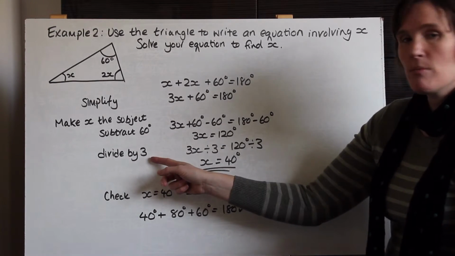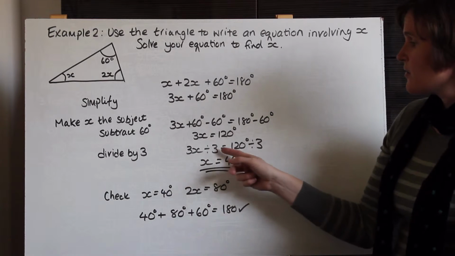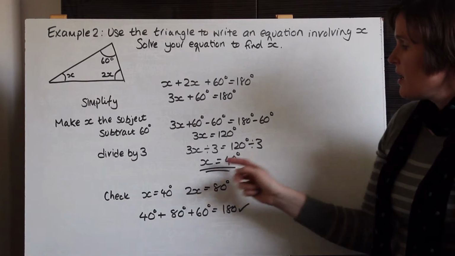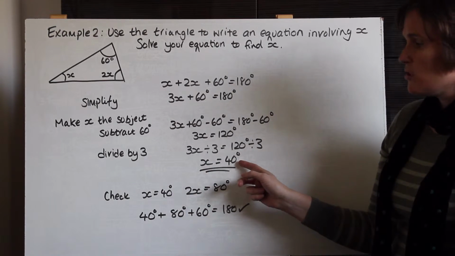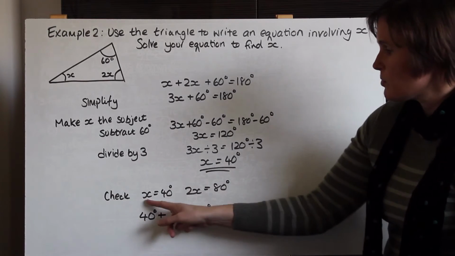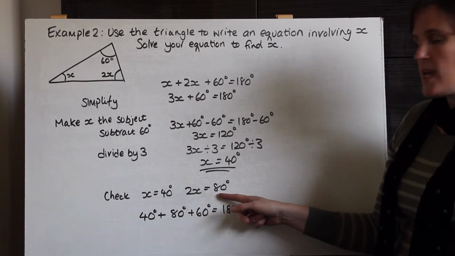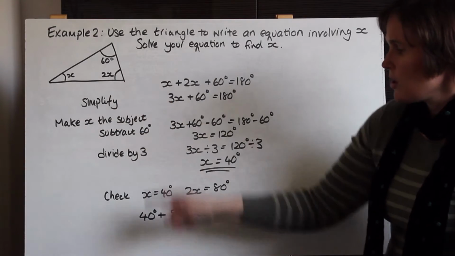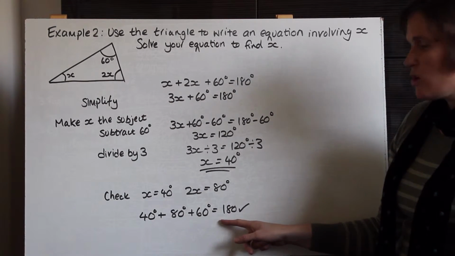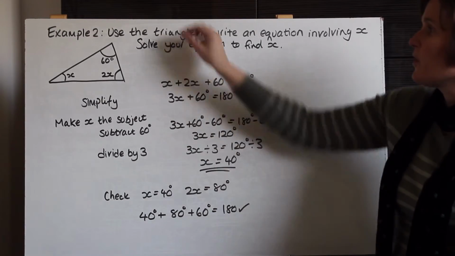We can then divide by 3. 3x divided by 3 equals 120 divided by 3. x equals 40 degrees. And we can check by substituting back in. If x equals 40, 2x equals 80, our angles are going to be 40 plus 80 plus 60 equals 180. We know we've done it right.